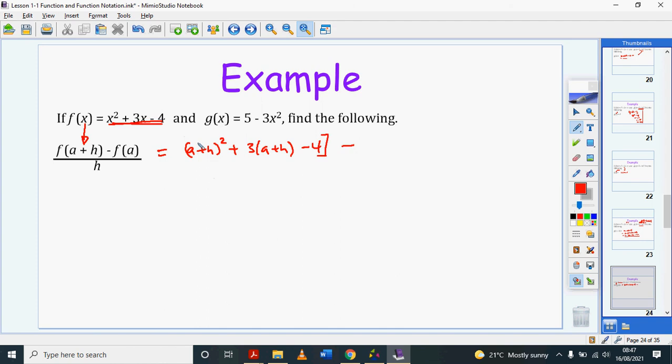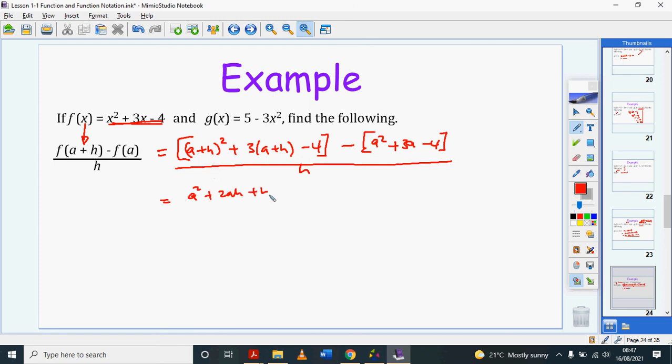Where I have x, I put a: a squared plus 3a minus 4. And then all of this is being divided by h. I'm going to expand this out. a squared plus 2ah plus h squared plus 3a plus 3h minus 4.